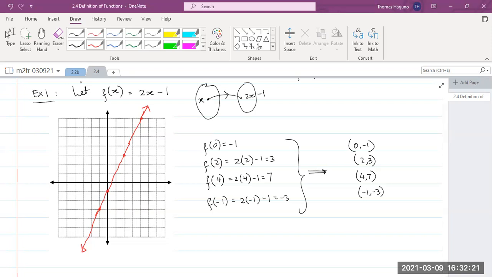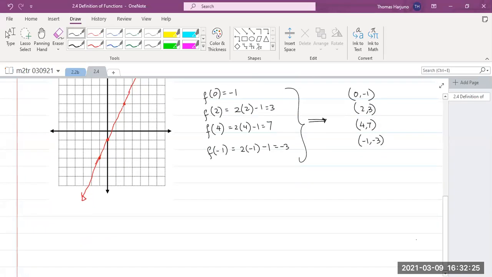Okay. Now I go ahead with how do we identify the graph of a relation as the graph of a function. Note, vertical line test.